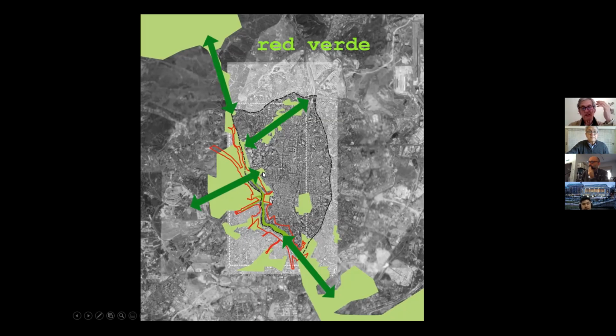Madrid Rio is there. When Madrid Rio was first a big structure, as you know, probably Ginés told you, it's a structure more than 7 kilometers long.